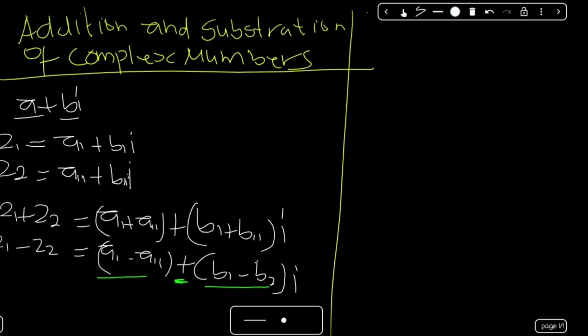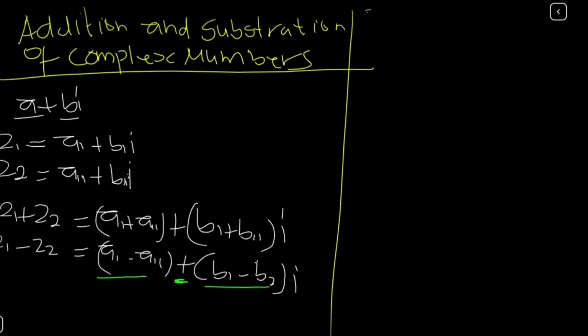Let's take an example. Let's say z1 equals 3 minus 4i, and z2 equals negative 2 minus 3i.